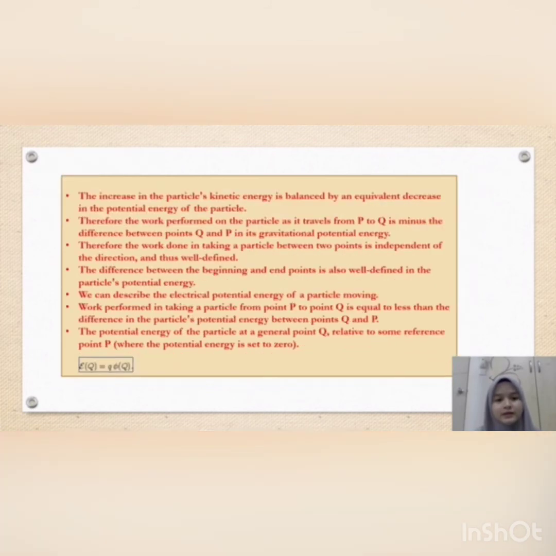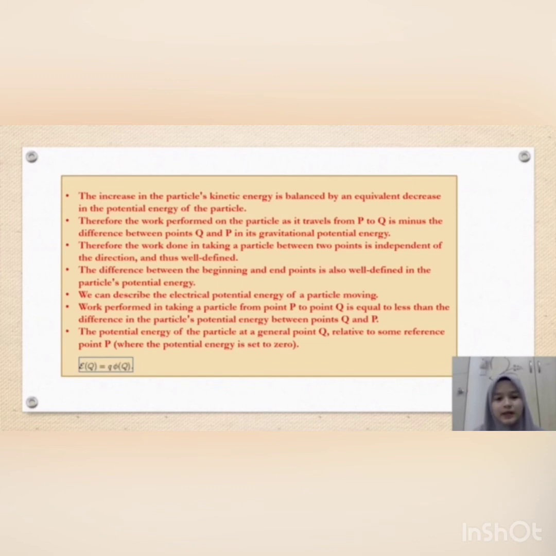The increase in the particle's kinetic energy is balanced by an equivalent decrease in the potential energy of the particle. Therefore, the work performed on the particle as it travels from P to Q is minus the difference between points Q and P in its gravitational potential energy.